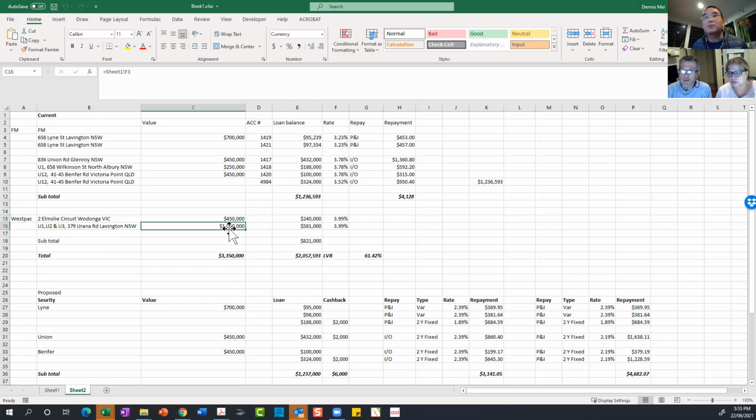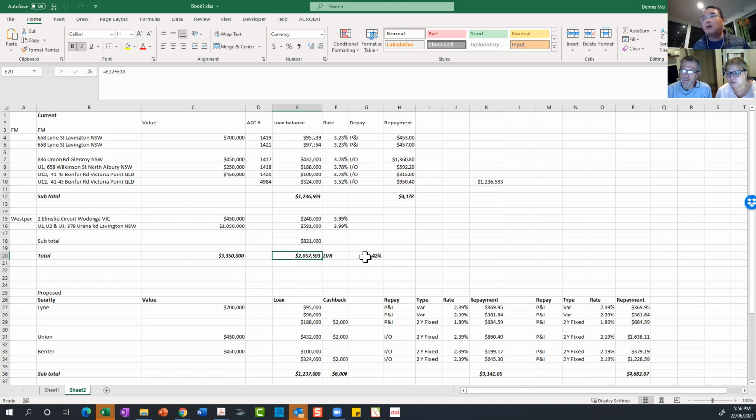If we add the remaining properties into Westpac, your total value will be over 3.3 million, and the total loan amount with your existing Westpac loan plus the potential new loan will be 2,258,000.